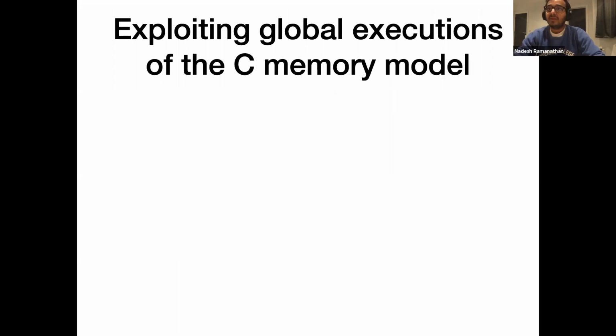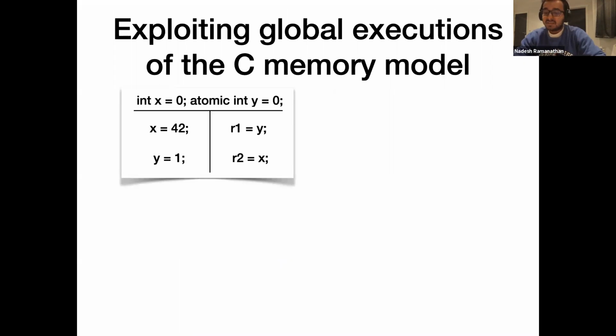And the way we handled this was to look into the C memory model definition, right? So we have the same message passing program, and the C memory model basically says that there are inter-thread synchronization opportunities across atomic operations to the same location, which are in different threads. So this is the definition that we use. So we say these two operations can synchronize at runtime. So here in this program, Y can synchronize at runtime directly.